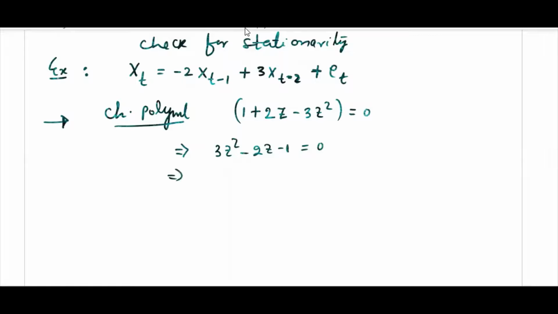You can use minus b plus or minus square root of b square minus 4ac, divided by 2a.